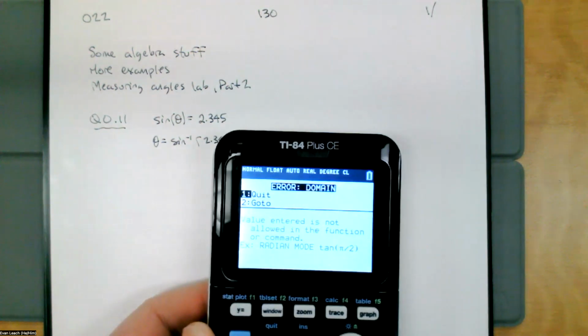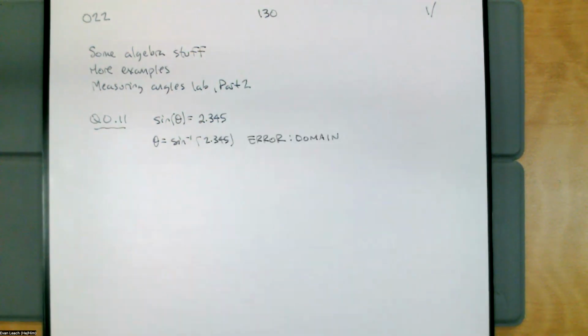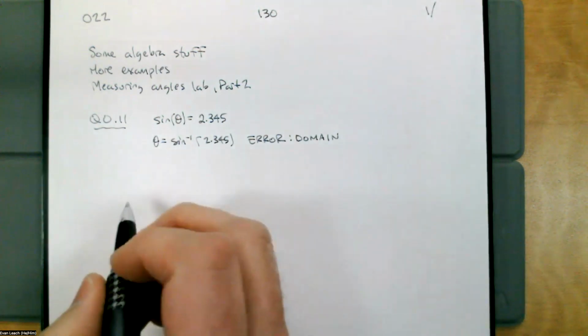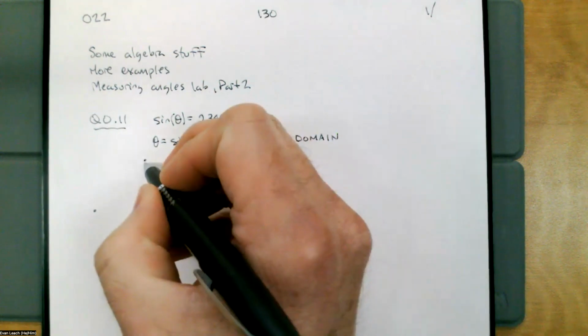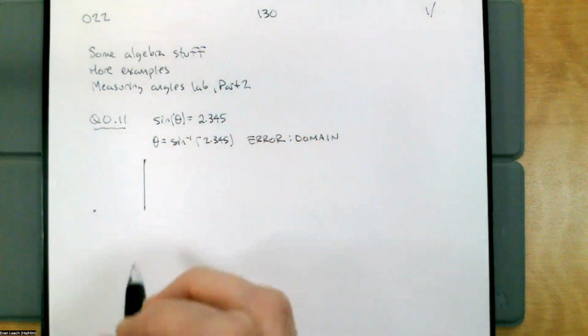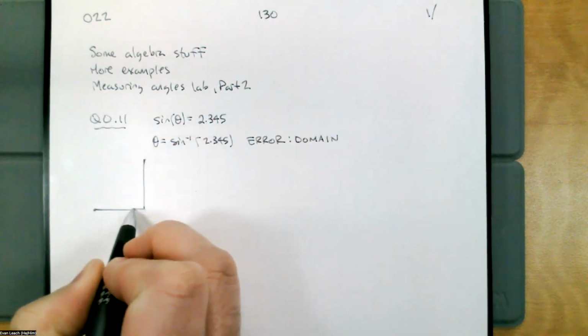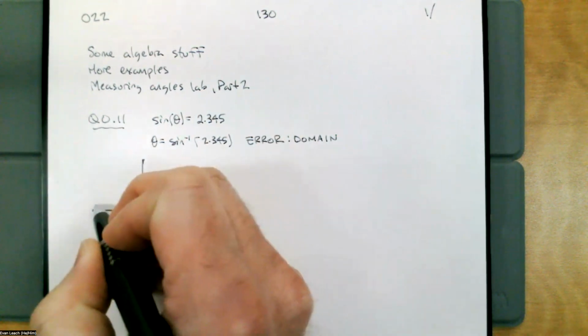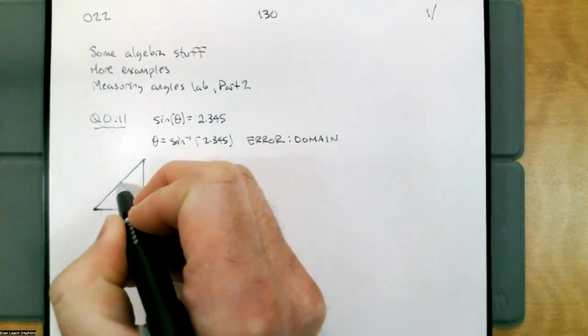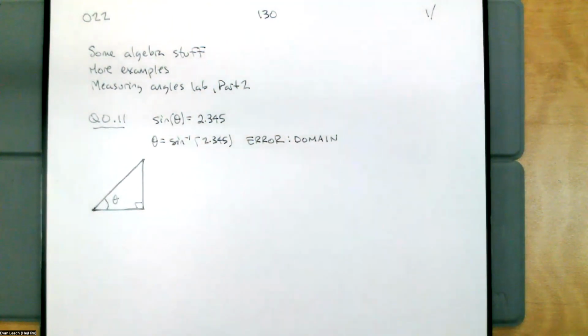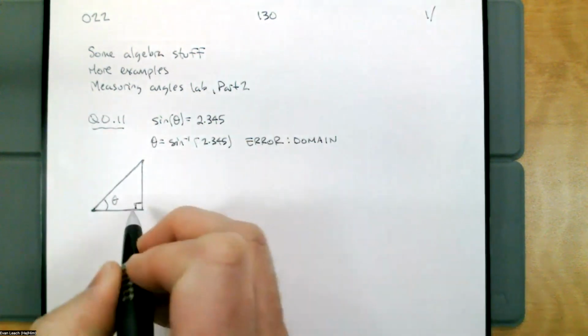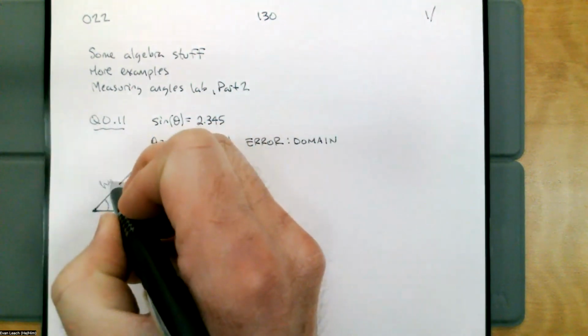So the value entered is not allowed in the function or command. Let's think about why this is. In a right triangle, we've got a right angle, and opposite the right angle is the hypotenuse.